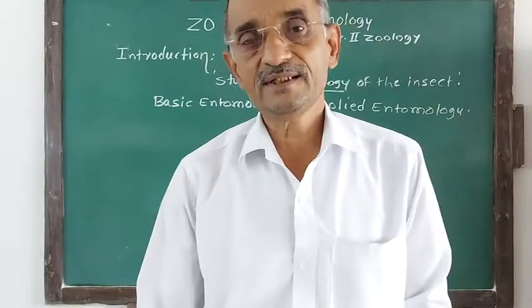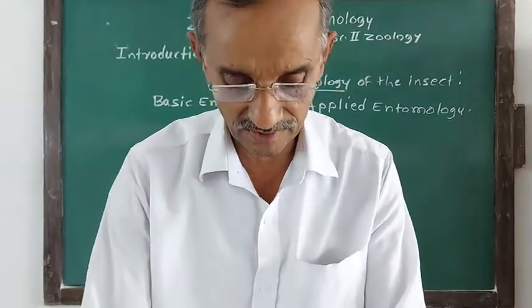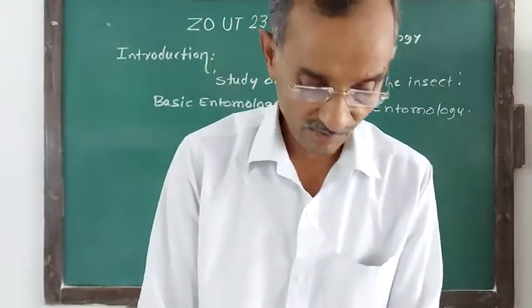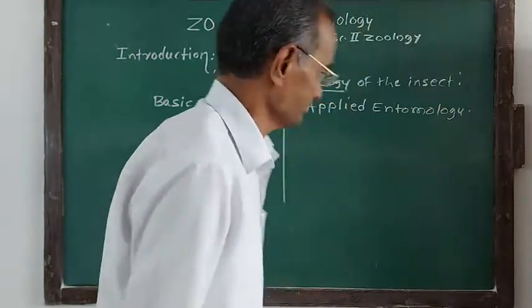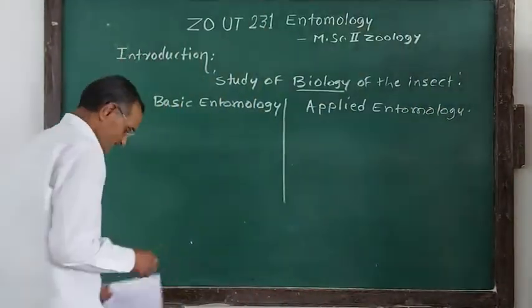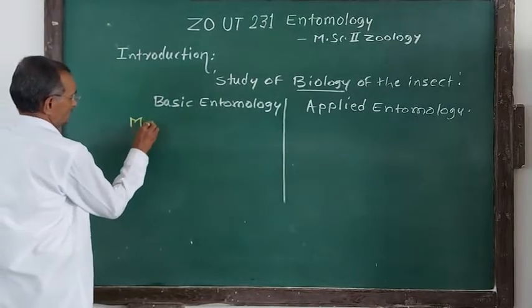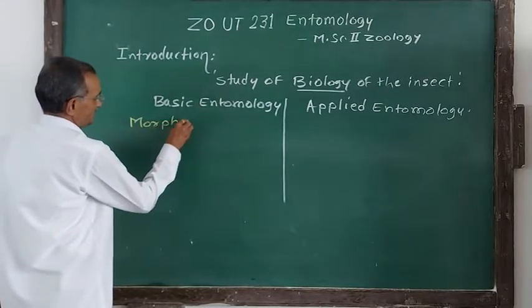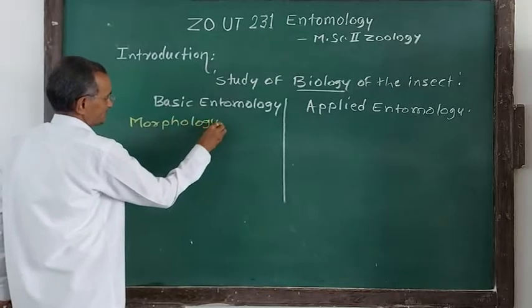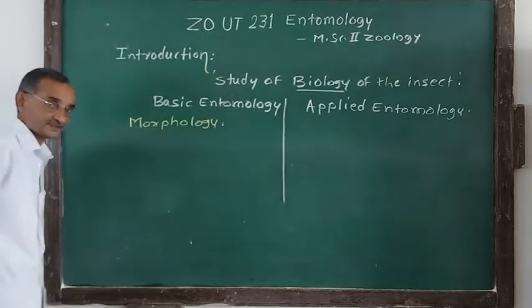Now what does basic entomology deal with or give us? It gives us an idea about the morphology of the insect. What does morphology mean? It means its morphological characters.